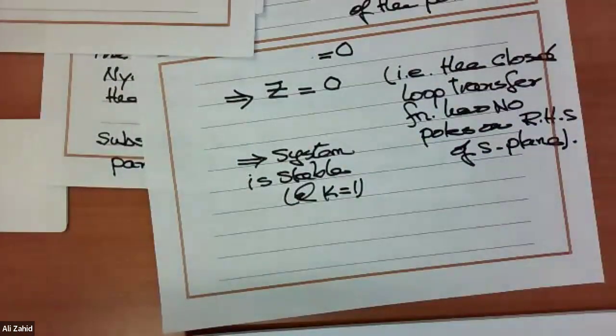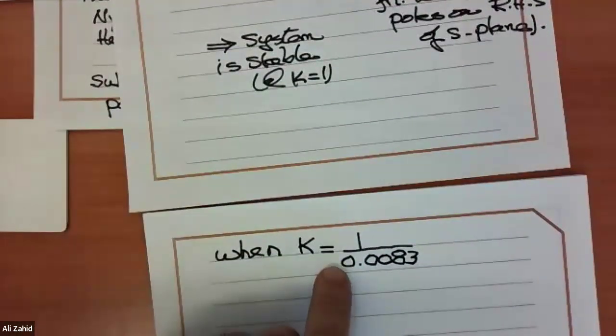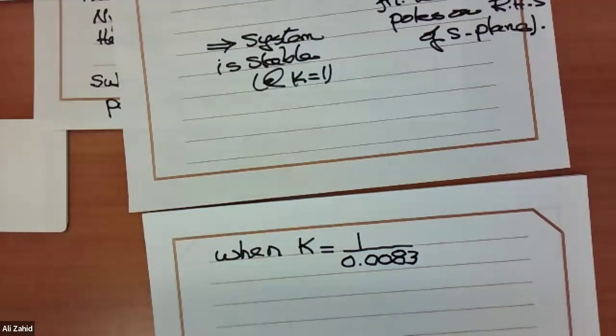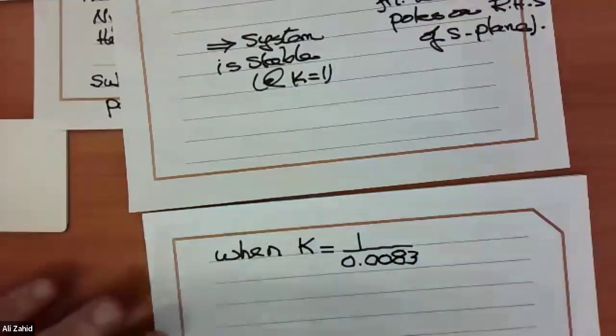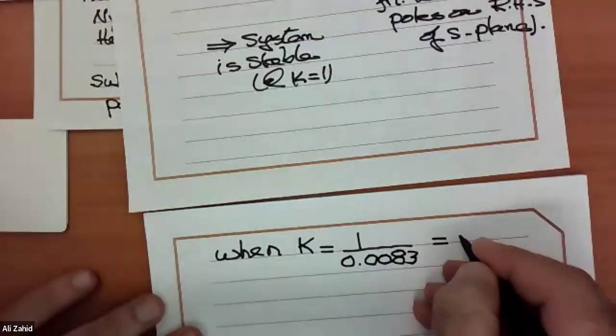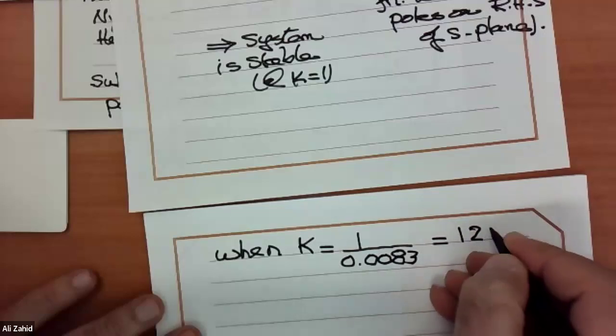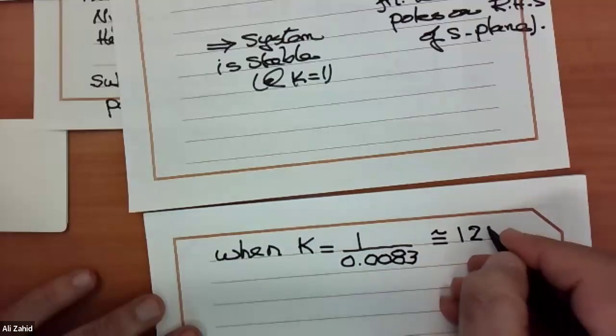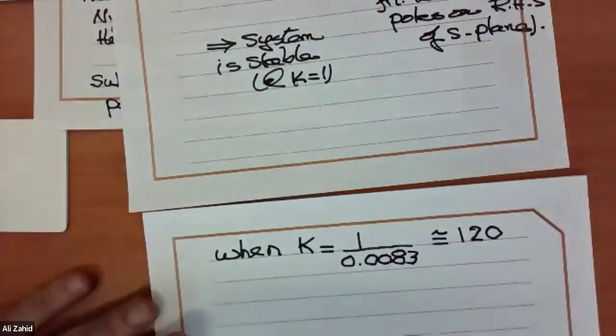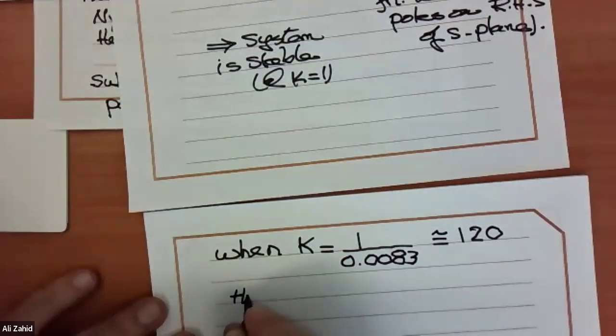Are you following me so far or not? Yeah. But wait, don't put the minus sign. Why? Because we are only interested in positive k. Clear? And that equals what? Approximately 120.